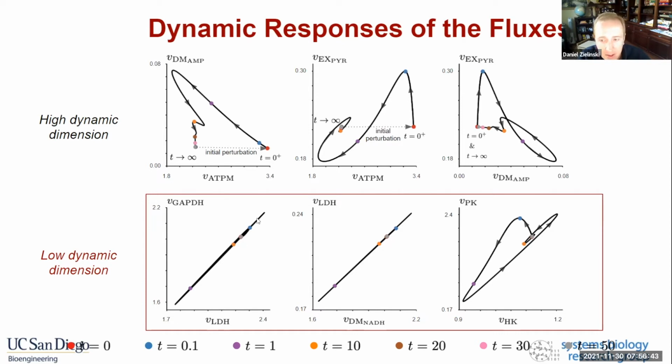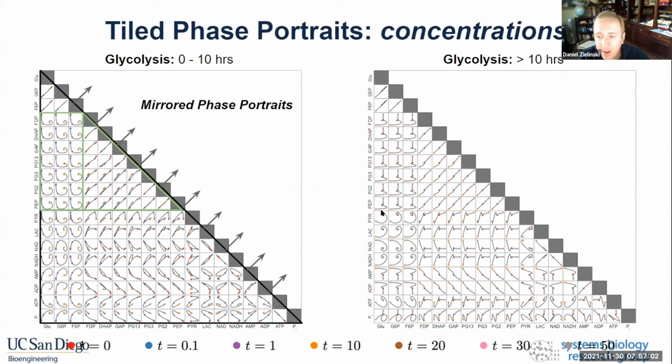And you can then say, okay, these are maybe all one dynamic variable, and I could simplify them and get a simpler representation of the system, whereas this is a more complex response that seems to have dynamics all the way through the simulation and might be one of the drivers of the system. So these kinds of plots are helpful for that purpose, and you can do the same thing with concentrations, more or less.